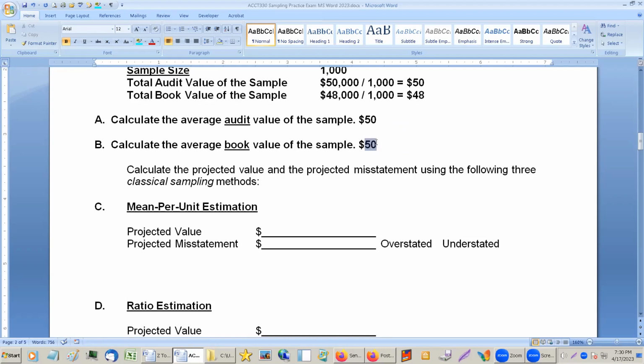He's not paying attention. Okay, so this is the audit average. I'm going to put it just briefly.